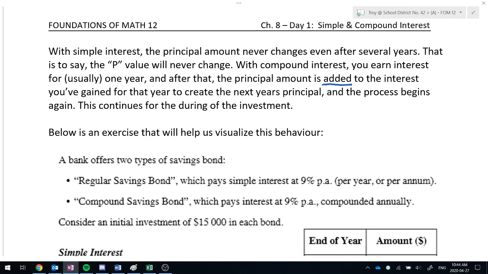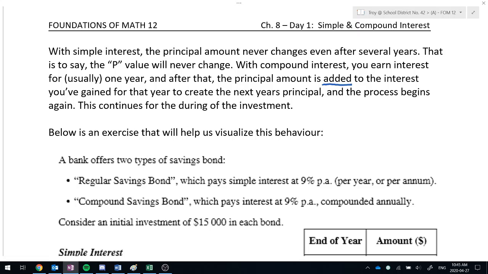So the second year's P value is the first year's P value plus the interest in that first compounding period. In this case, that's 1 year. And then the second year goes by, it gets interest. And at the end of that second year, we take that interest, add it back to the previous P value, and we get the next year's P value. So every year, our P value gets bigger and bigger and bigger until the investment ends.